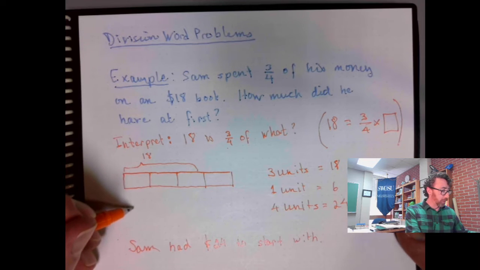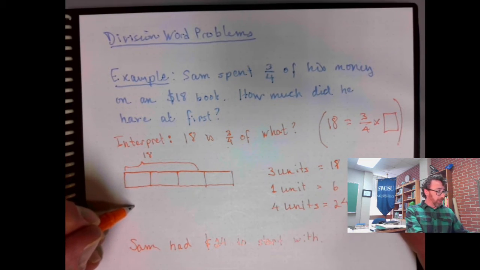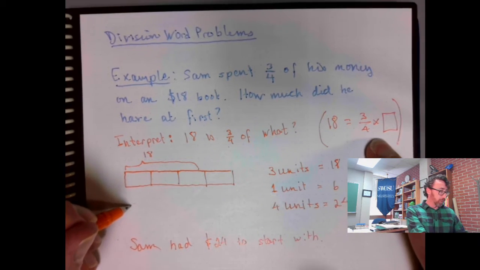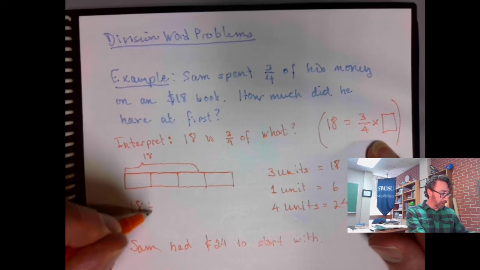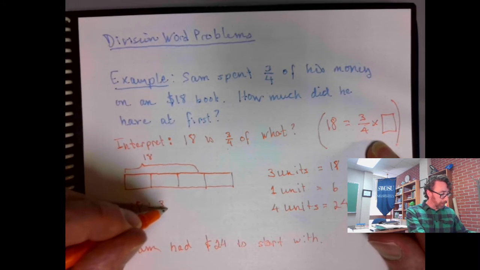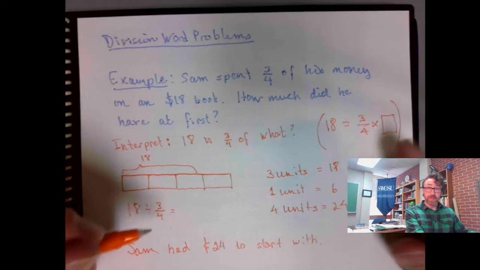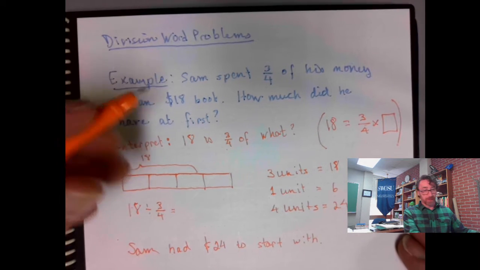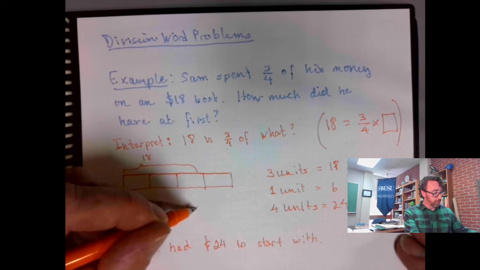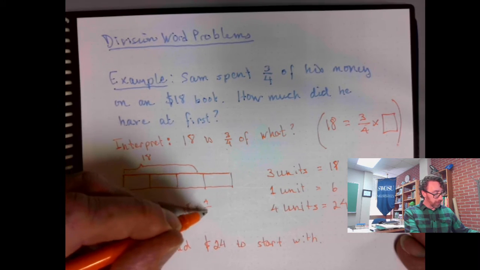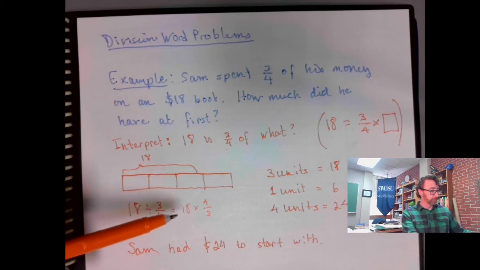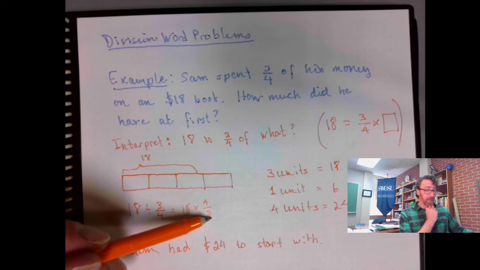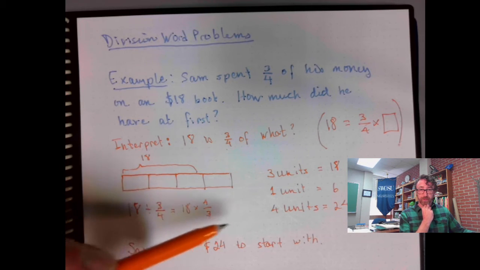And I would also note, remember what I mentioned, we have to take 18 and divide by 3/4, but of course we know that dividing by a fraction means inverting that fraction and multiplying. So 18 divided by 3 gives us the 6.